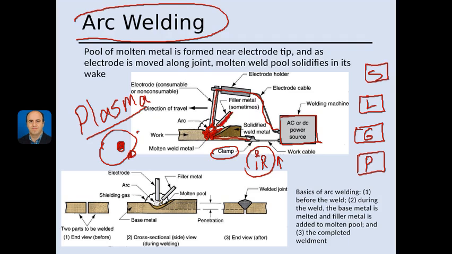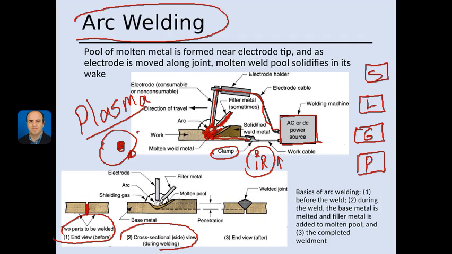Then the joint can be created. Here we have three steps of the process. The two parts that are going to be joined are brought together at this interface. Again, this is a butt weld.